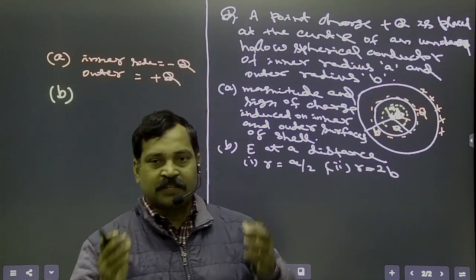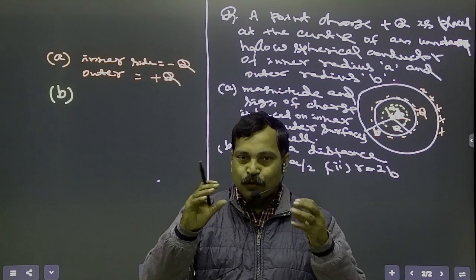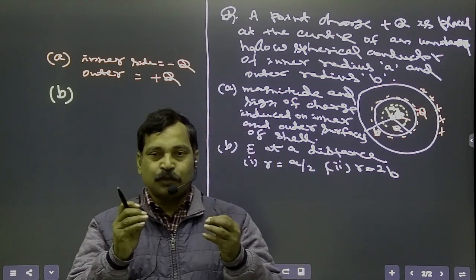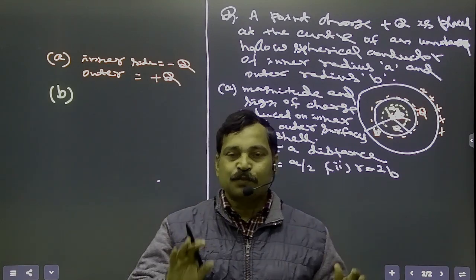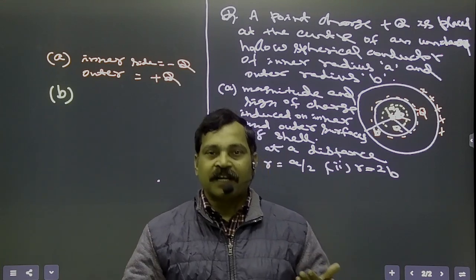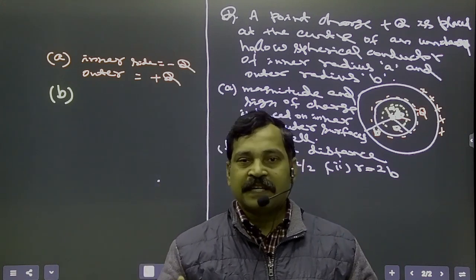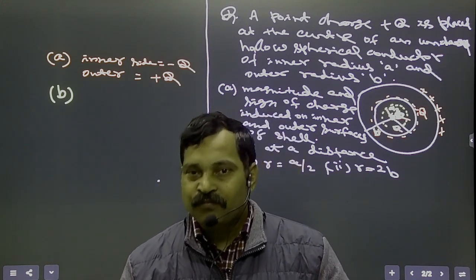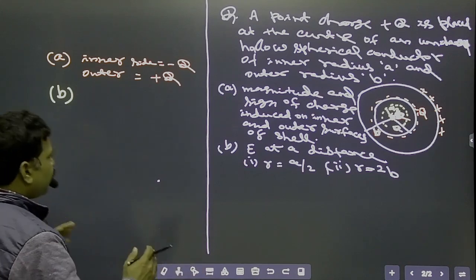Gauss theorem tells that the flux coming out from any closed surface is equal to 1 upon epsilon naught times the charge enclosed by the surface. The other way to find the flux is the surface integral of the electric field intensity for that given Gaussian surface. You already know these things.